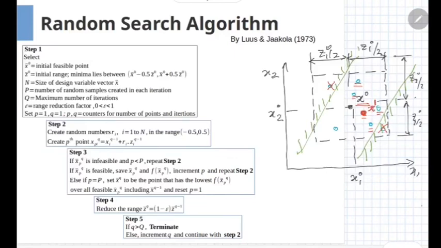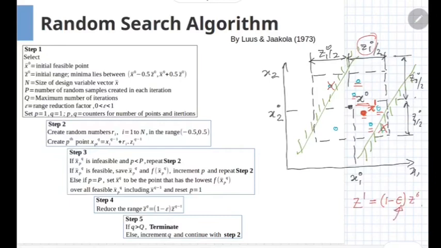Around this point, we have to create a new region for searching. The size of this new search zone is smaller than the one that was previously. So if the previous zone was having size of z0, the new one will have a value which is z1 equal to some reduction parameter multiplied by z0.